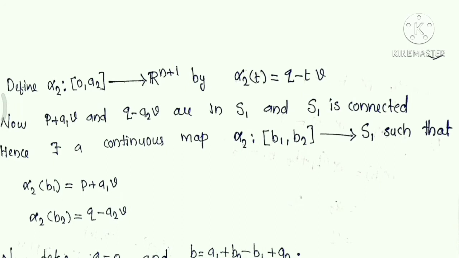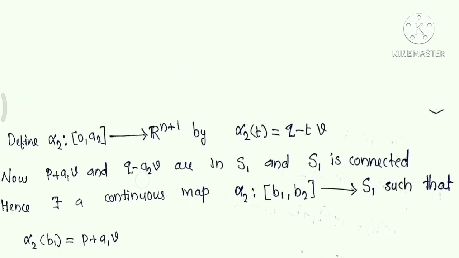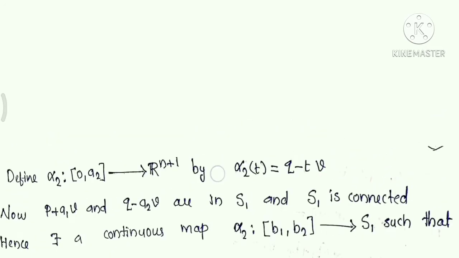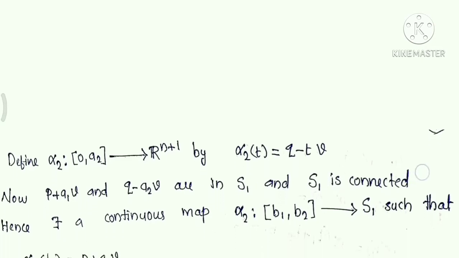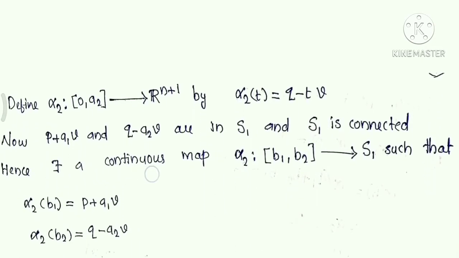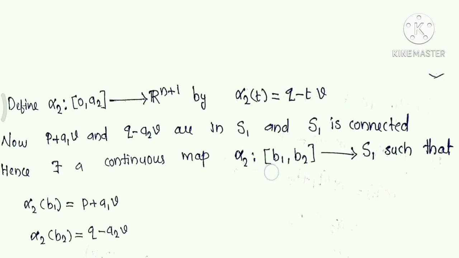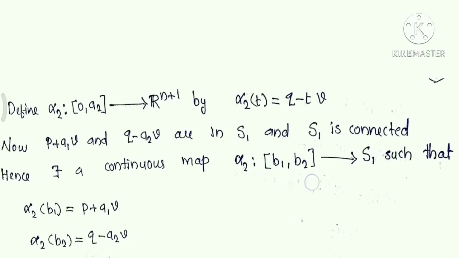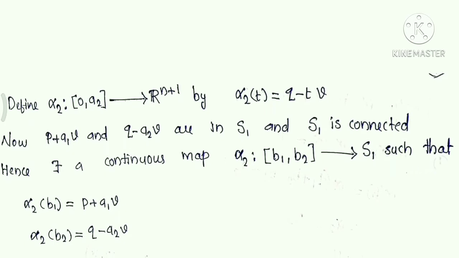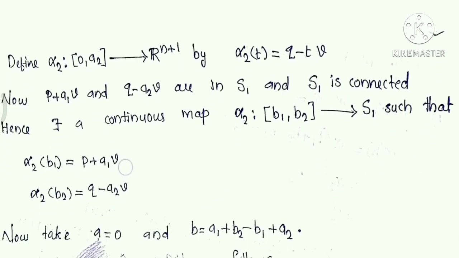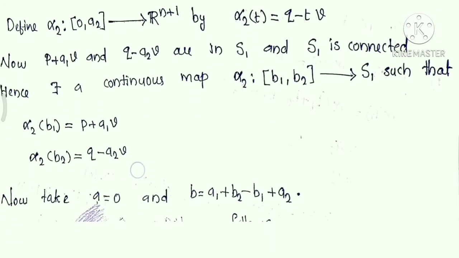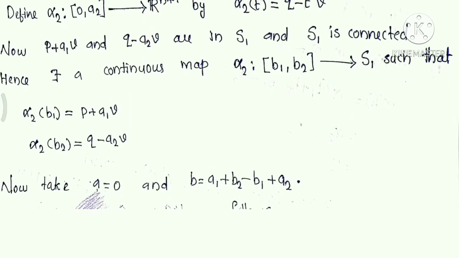Now here when we look at the points P plus A1V and Q minus A2V, these 2 points belong to S1, and S1 is connected. Hence there exists a continuous map alpha 3 from the closed interval B1, B2 to S1 such that alpha 3 of B1 is equal to P plus A1V and alpha 3 of B2 is equal to Q minus A2V.